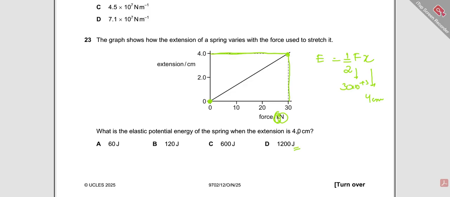I did not say base. Do not get confused. And we also have to place the displacement in its standard unit, which is meters. However, जो हमें value provide की गई है, it is in centimeters. So we are going to divide it by 100 and we'll get 0.04 meters. Now we'll put these two values in our formula. E equals half, 30 exponent plus 3, into 0.04. Let's put these values in our calculator.